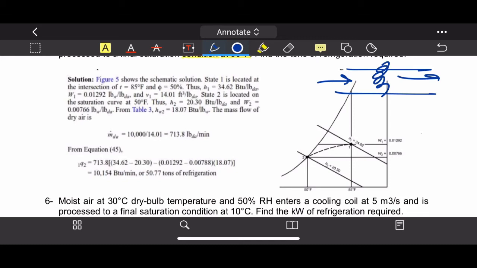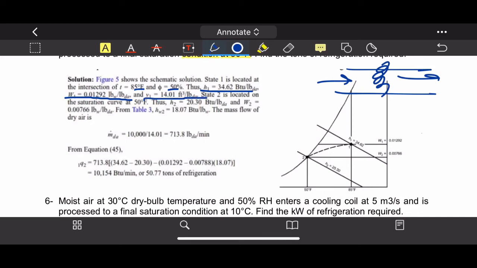So let's read. T is 85 degrees Fahrenheit, 50% RH. Therefore, H1 or enthalpy is 34.62 BTU per pound of dry air. The humidity ratio is 0.0129 pound of water per pound of dry air. Specific volume is 14.01 feet cube per 1 pound of dry air.